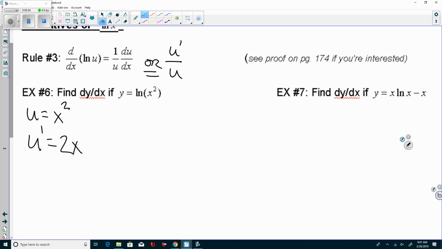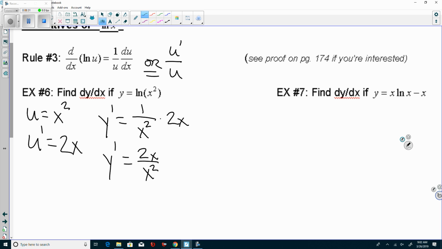So following the definition first, y prime is 1 over u, so it's 1 over x squared times 2x. That's the formal definition given in the book. To write it as u prime over u, it is simply y prime equals u prime over u.